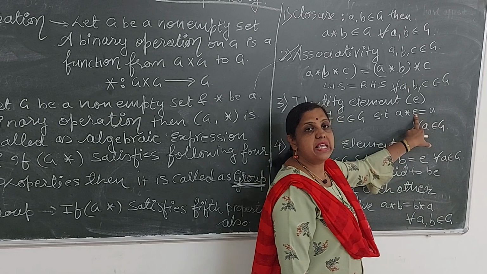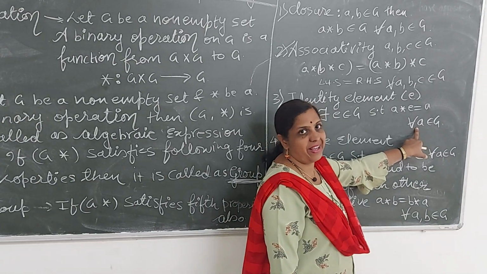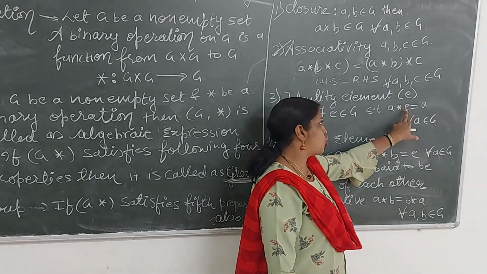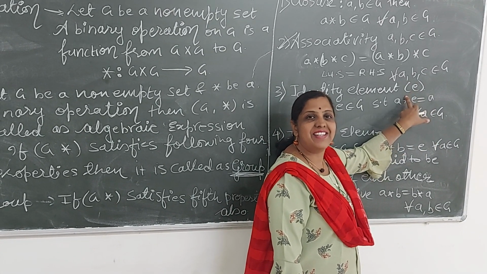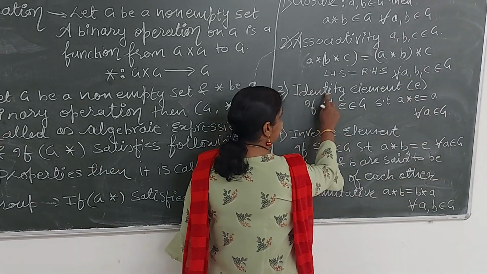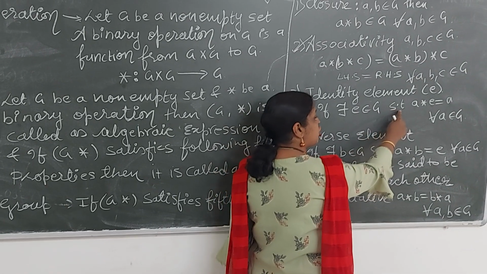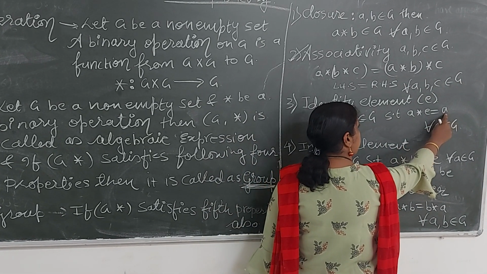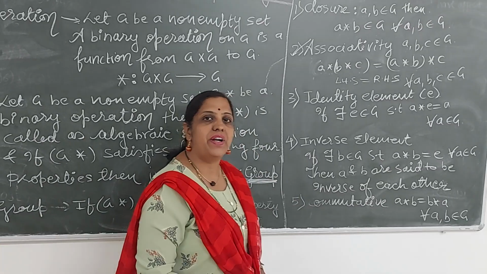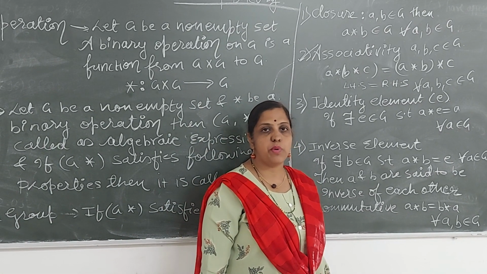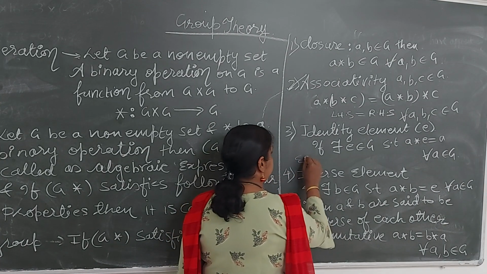Of course, this should be true for all members of the set G. So if there exists E belonging to G such that A star E is equal to A for all members of G, then we say that the identity property is satisfied.